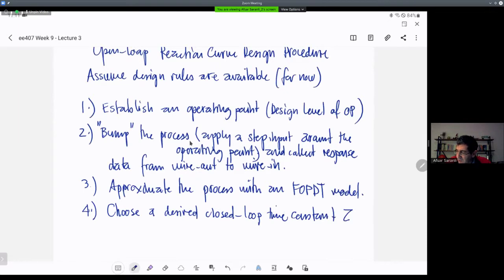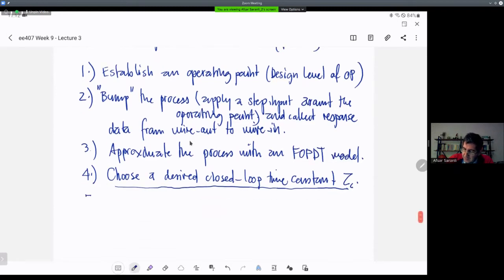Let's call this tau c. This is important because this specifies what you want the system to do. This is another design parameter. Apart from the plant model, you need to tell the design what you want the overall system to do in terms of its time constant. In this design procedure, there is only one parameter for that, and it is how fast you want the system to behave after the controller is added.